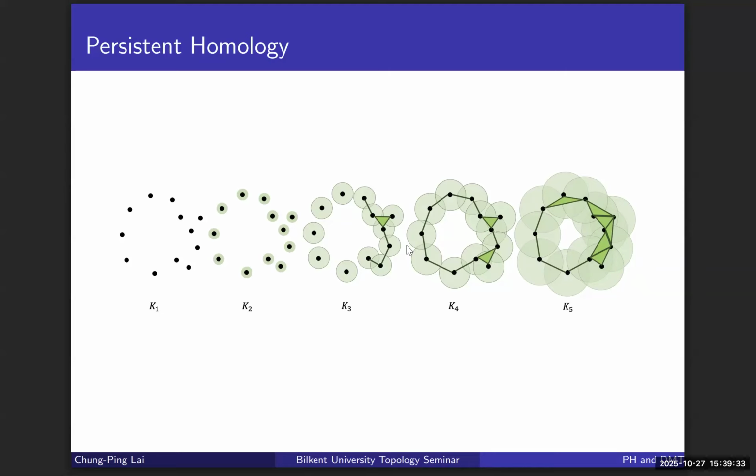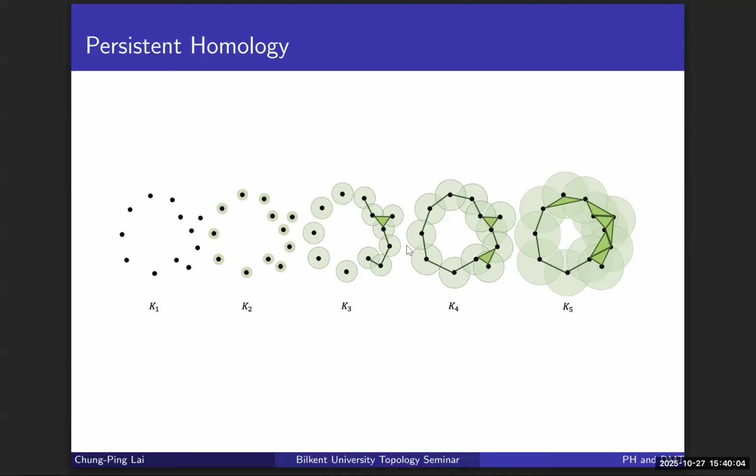Firstly, the way we realize the shapes that may exist on a point cloud, which in other words is a lot of vertices, is we use those data points as a center, and then we draw an open ball on it.